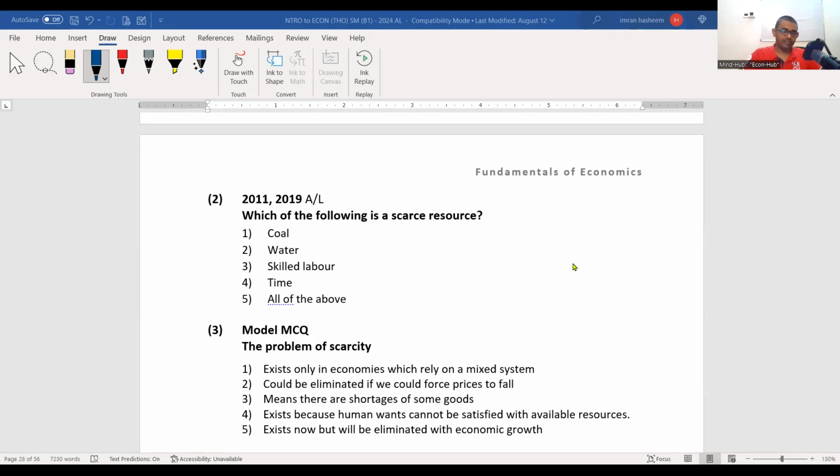Right, so coal. Some of you may be thinking of the coal power plant. Coal is a mineral resource that comes from the earth.